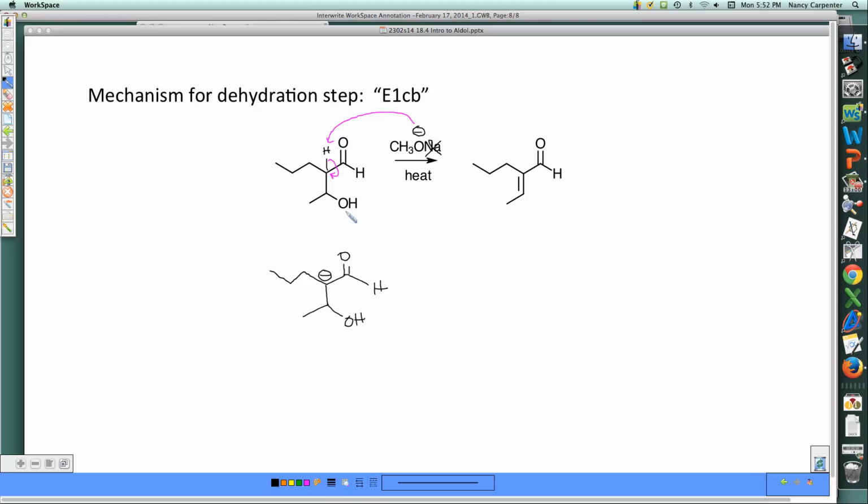But keep in mind, first of all, that we are driven by results, and the result is, this is what we get. NMR proves it, IR proves it, we know this is the product. So how do I rationalize its formation? Well, I rationalize it by proposing the following mechanism.